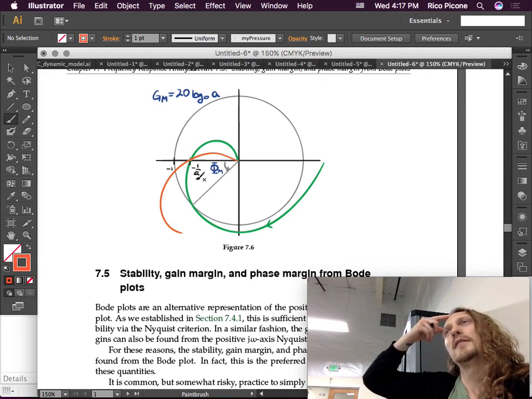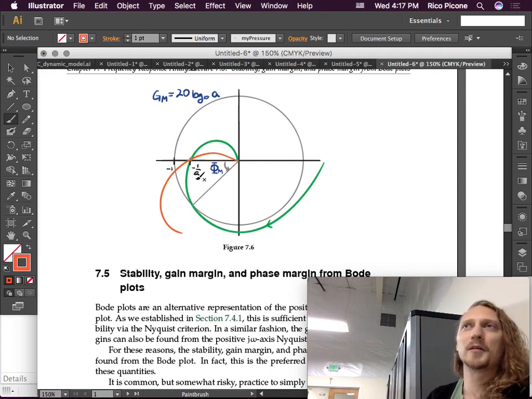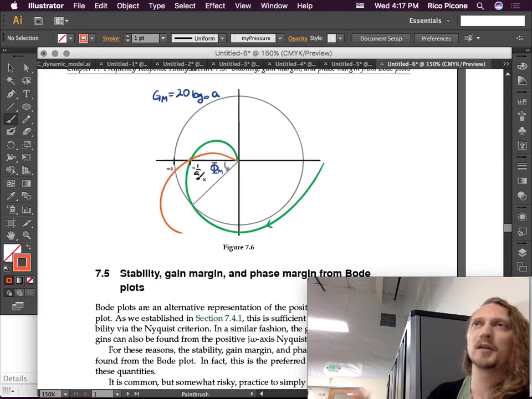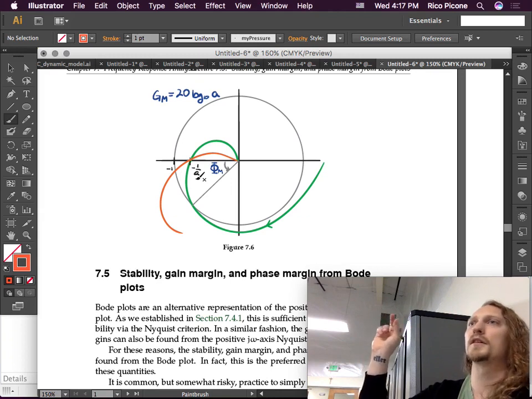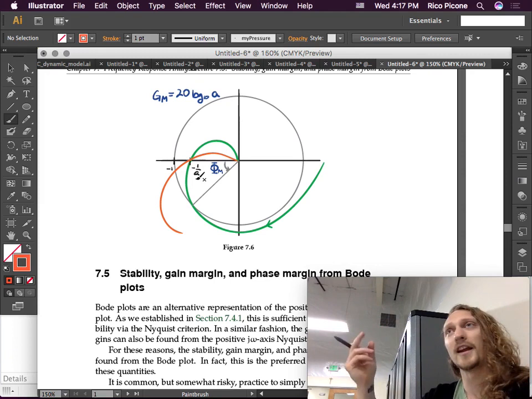And so these quantities tell you things about the system that are slightly different, but they're still related. The time response characteristics related to the phase margin are different than that for the gain margin. And also, you can have two systems with the same gain margin and different phase margins, or same phase margins and different gain margins.